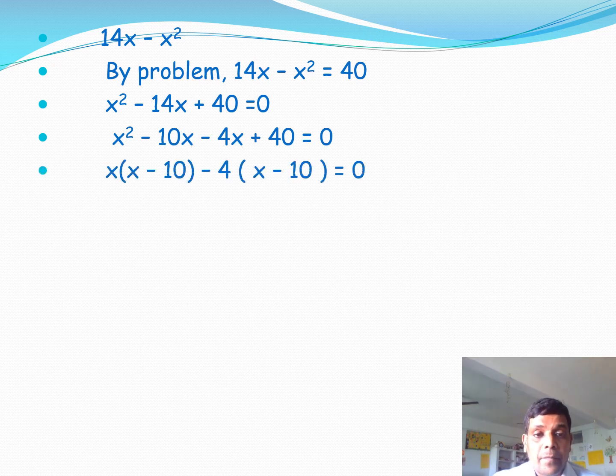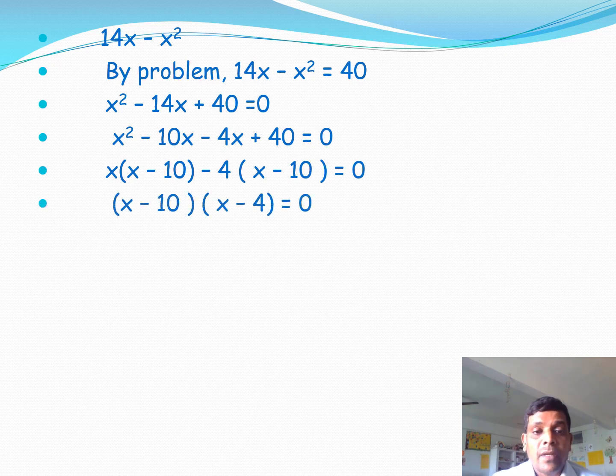Right, common factor. X square minus 10x, here x is common. Right, x. Remaining x minus 10. Minus 4x plus 40, here 4 is common. Right, minus 4. Remaining x minus 10, minus 4 tens are 40, equal to 0.